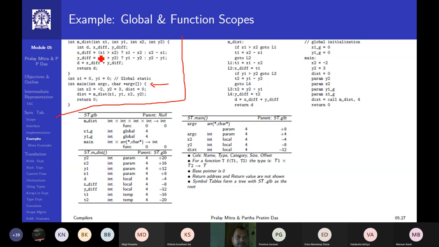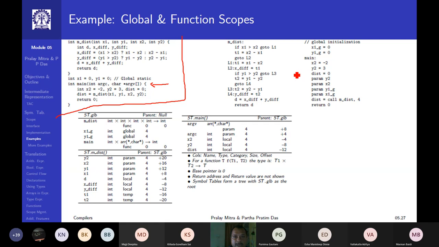The statement is: x difference is, if x1 greater than x2, then x1 minus x2, else x2 minus x1. Finally d equals x difference plus y difference, return d. So it is basically calculating the Manhattan distance, taking the difference of x and y and then adding the differences in order to get the final distance.